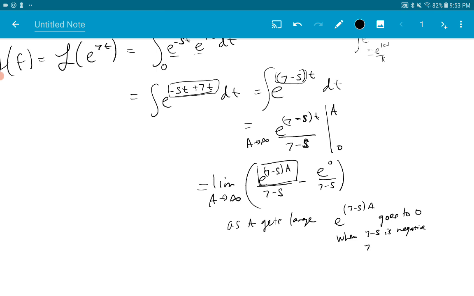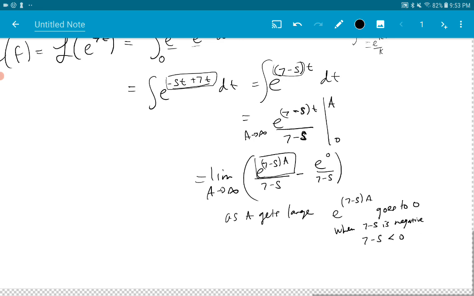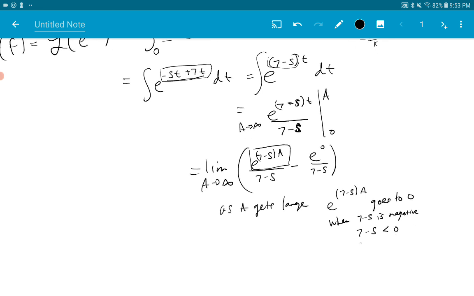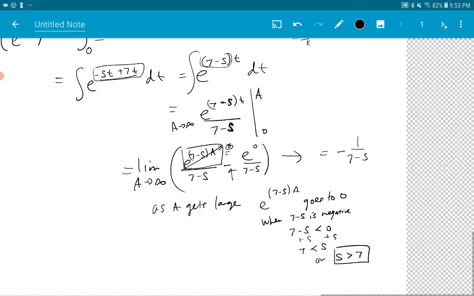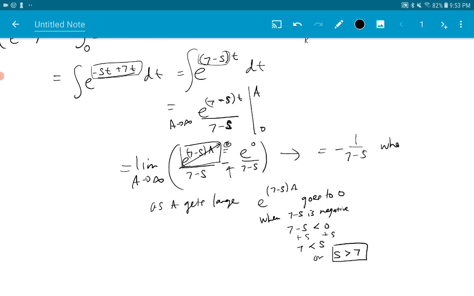So 7 minus s negative means 7 minus s is less than 0, which means that if I add s to both sides, I get 7 is less than s, or s is greater than 7 is another way to write that. And when that happens, this equals 0. So the whole thing equals, we still have that negative here, negative 1 over 7 minus s when s is greater than 7.